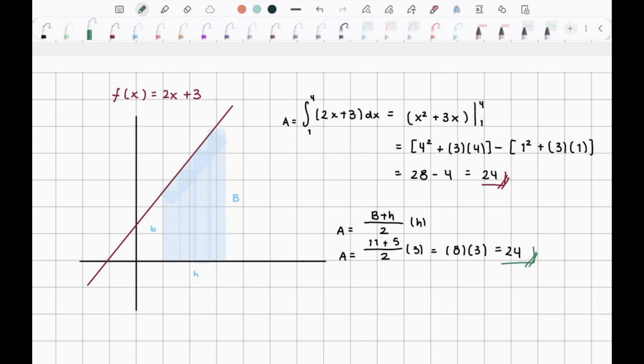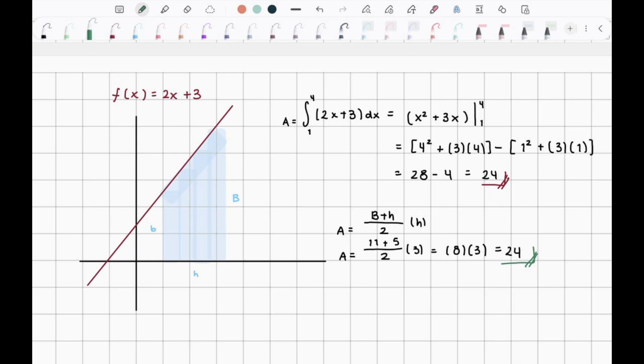We always substitute the upper limit first in each x, leaving us with 4 squared plus 3 times 4, and then we subtract the substitution in the lower limit, which is 1.